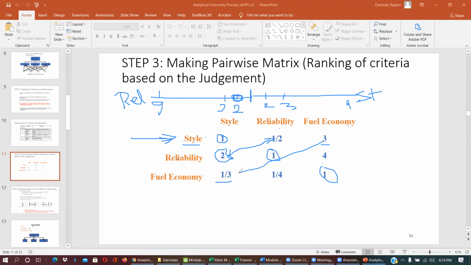So these are reciprocals, you can clearly see. Now similarly, the third one, reliability and fuel economy. Reliability is 4 times preferred over fuel economy, and this is 1/4. So if this pairwise matrix is clear, we can move further.